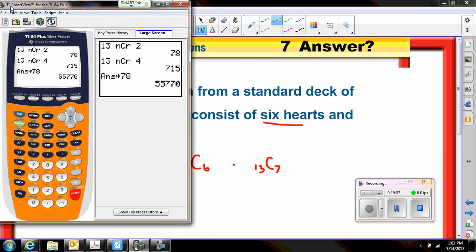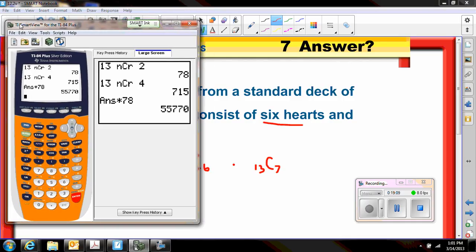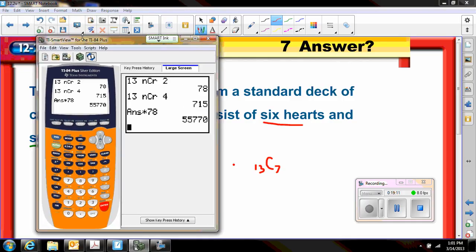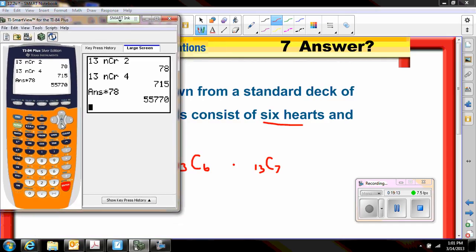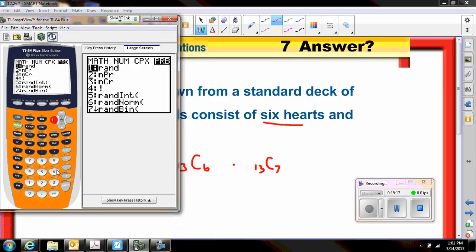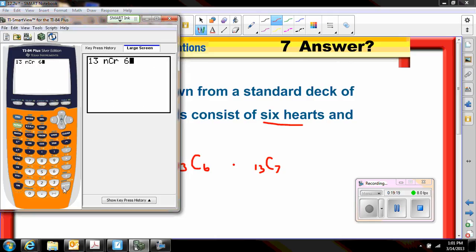So we will have 13 choose 6, which is 1,716, and 13 choose 7, which is, oh, look at that, 1,716. So we'll go 1,716 times 1,716.